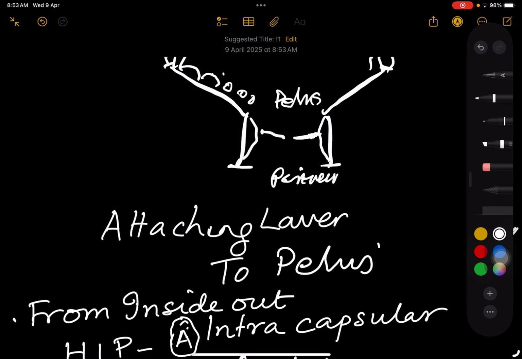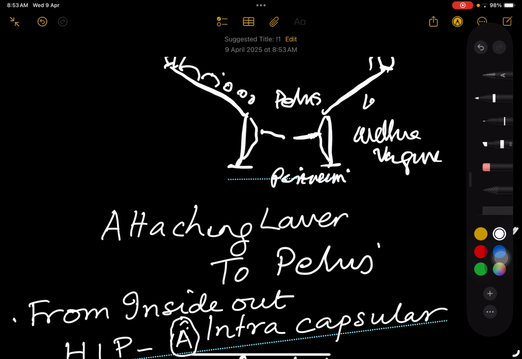This perineum passed the urethra and vagina directed anteriorly, and that triangle was called the urogenital triangle, and then it passed the anus backwards, that was called the anal triangle.